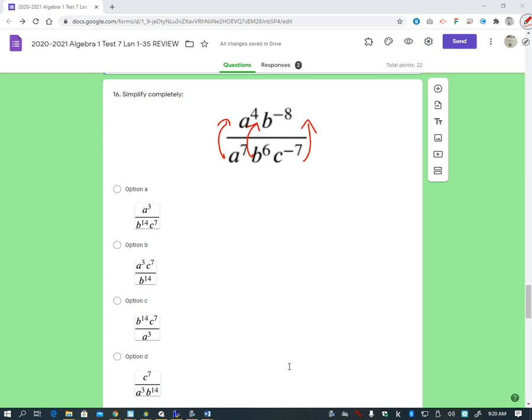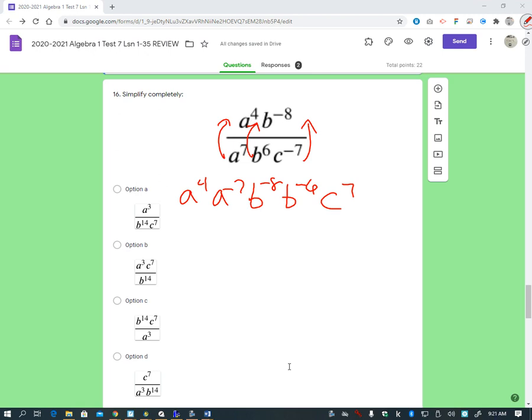Okay, so how do I rewrite this moving everything up? A to the fourth, A to the what? Negative seventh, B to the negative eighth, B to the negative sixth, C to the seventh. Okay, what do I do with the exponents of the common variables? Garcia, what do you say? What do you do with the exponents of the like variables?